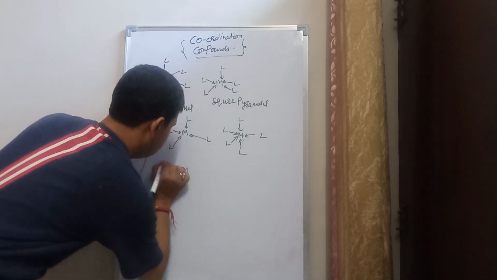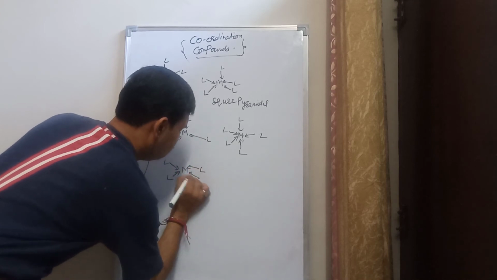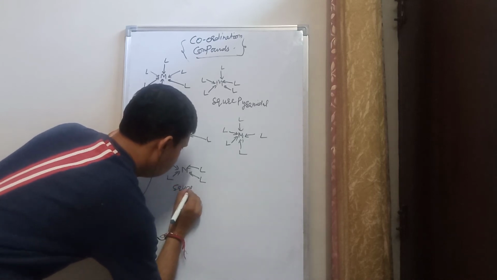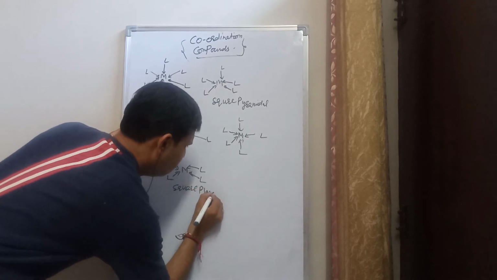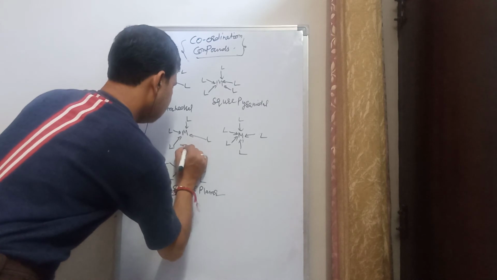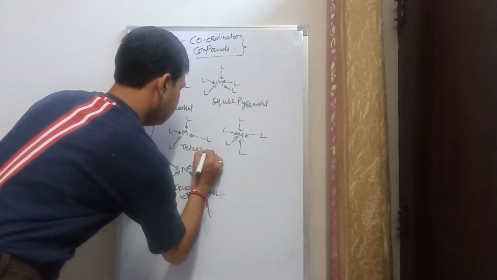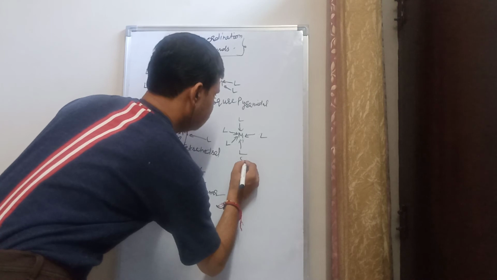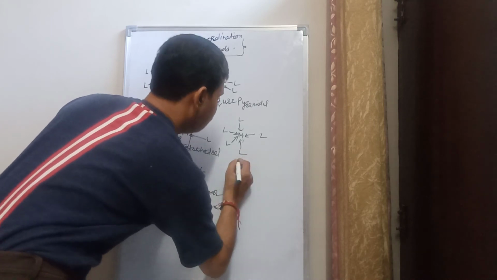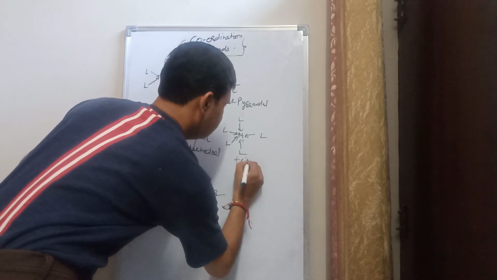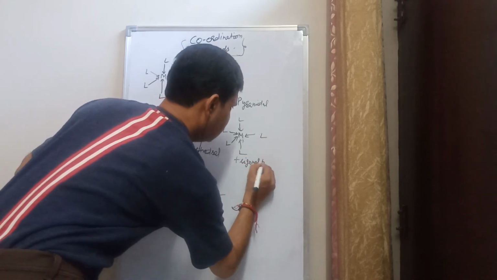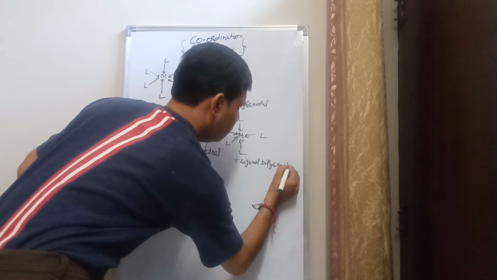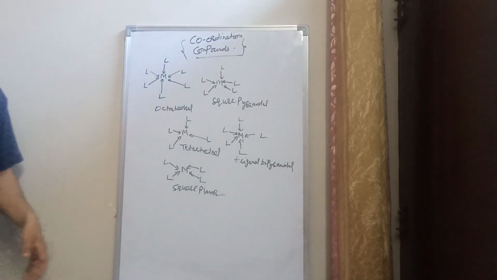Square planar, this is square planar, this is tetrahedral, this is square pyramidal, sorry, trigonal bipyramidal. These are the kinds of coordination polyhedra.